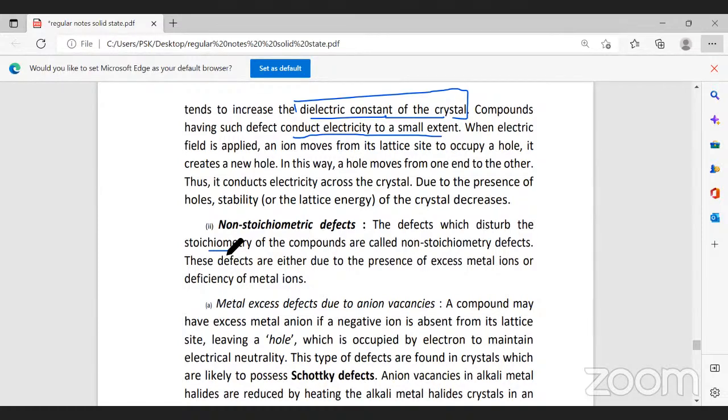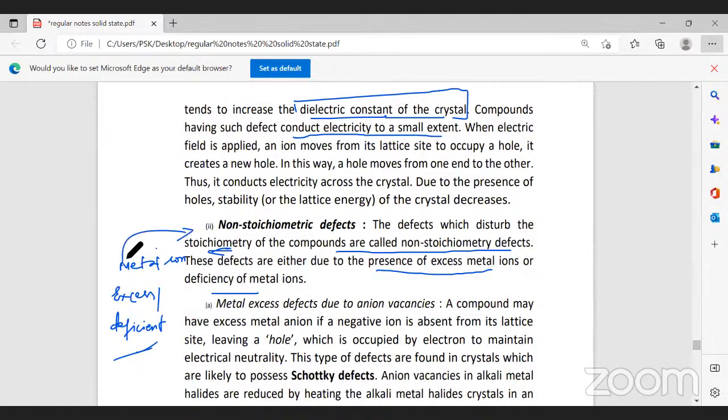But the defects which disturb the stoichiometry of the compound are called non-stoichiometric defects. These defects are due to the presence of excess metal ions or deficiency of metal ions.